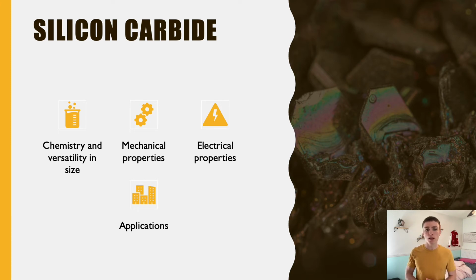It also has outstanding thermal conductivity, as well as thermal, mechanical, and chemical stability, which allows it to have a low toxicity and biocompatibility. It's a wide bandgap semiconductor, so it can be used in many electronic applications.